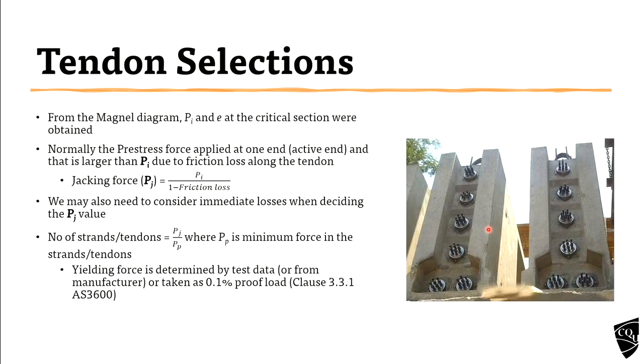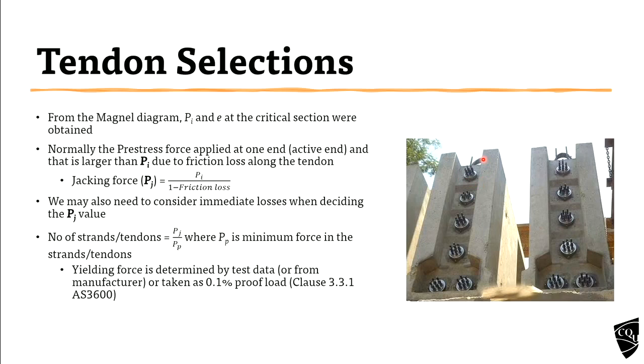So how do we find out the tendons? In this one, for example, we have 6 tendons. Each tendon may have a couple of strands, and each strand may have a couple of wires.